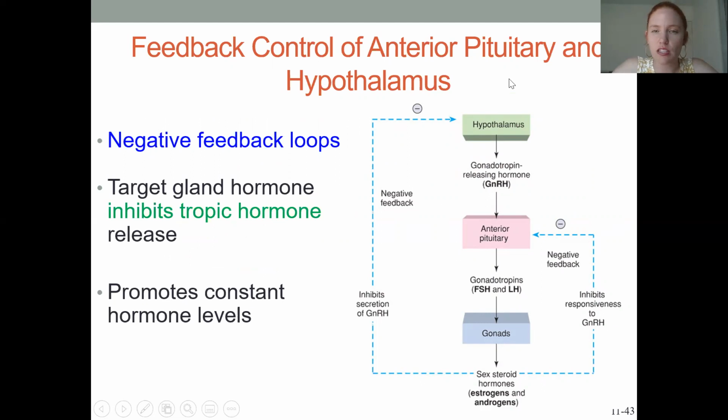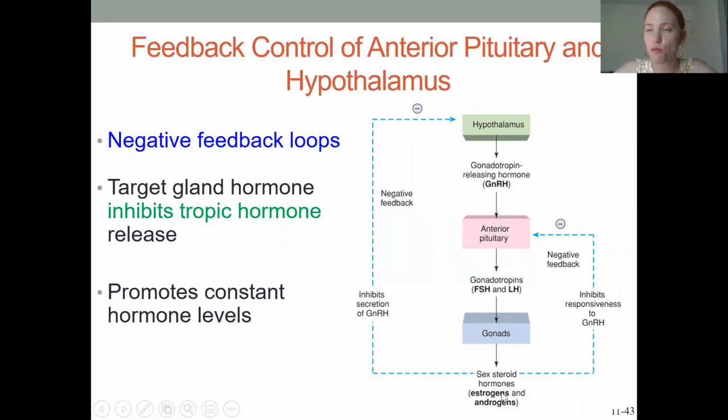So here is the hypothalamus. The story always starts with the hypothalamus, and the hypothalamus is going to secrete a hormone that will then cause the anterior pituitary to secrete its own tropic hormones. Those tropic hormones are then going to go to other endocrine glands to secrete their own hormones.